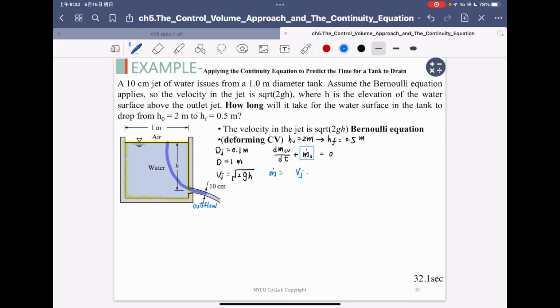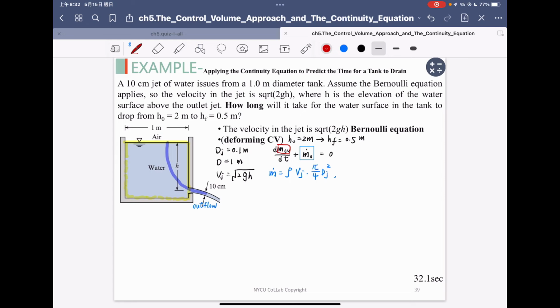So we know that the area for the outflow is pi over 4 dj squared. This area multiplied by the velocity is the discharge. We also need to multiply by the density for the m rate. Okay, and what is the mCV?